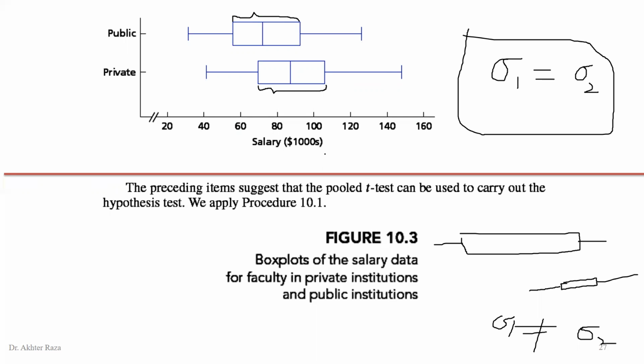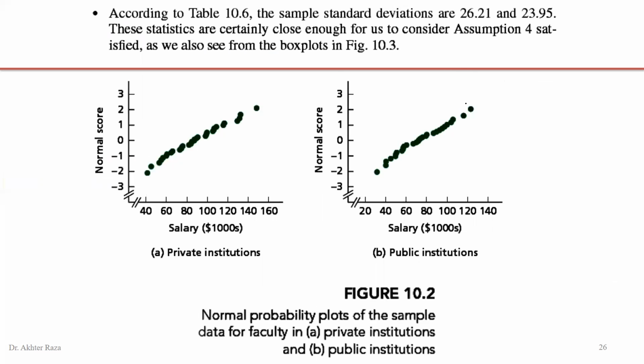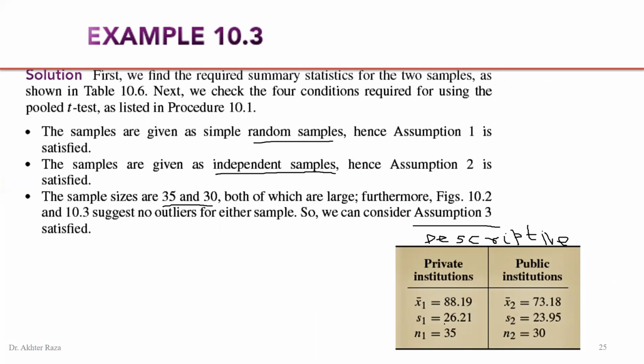Another way of checking assumption number 4 is to use the values of the sample standard deviations. Sample standard deviation 1 is 26 and sample standard deviation 2 is 23. There is an informal check of testing the equality of standard deviations: you take the ratio of the standard deviation of one sample and the standard deviation of the other sample.